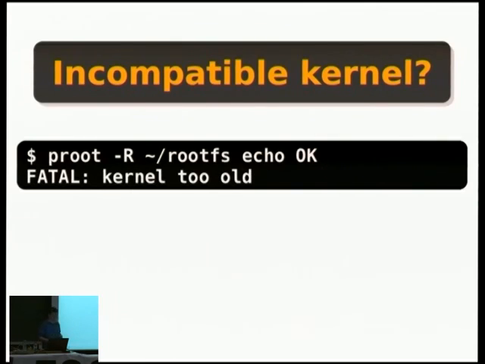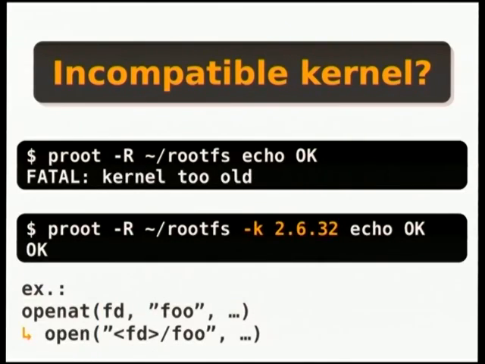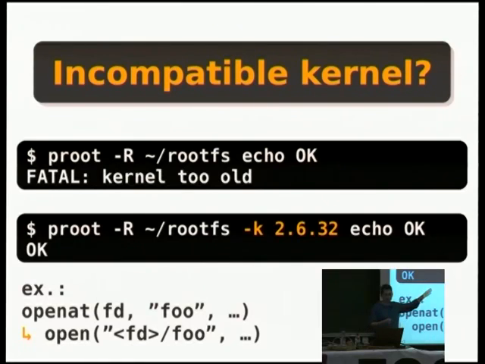However, with PRoot, we can make your kernel grow younger. So you can specify a kernel version with the -k option, and PRoot will emulate all the features that are missing from your current kernel, but that are available on 2.6.32, for instance, here. So let's say your command tries to open the foo file relative to the specified file descriptor with the openat syscall.